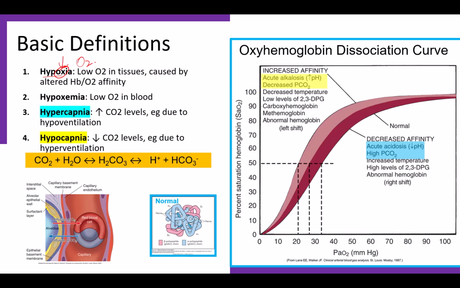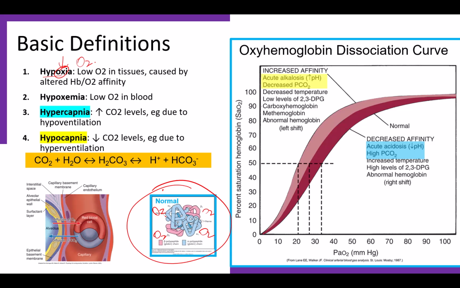So what happens is you've got this hemoglobin molecule over here, and each hemoglobin molecule can bind up to 4 oxygen molecules. Now, the bond between hemoglobin and oxygen isn't fixed. So sometimes they can be stronger and other times they can be weaker.